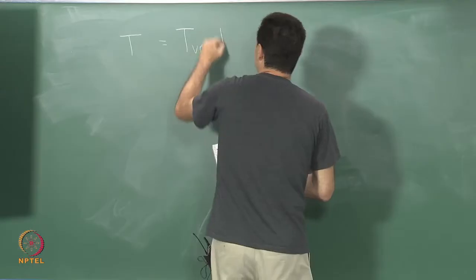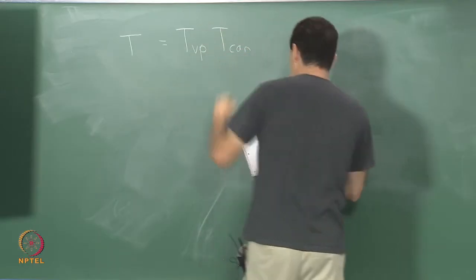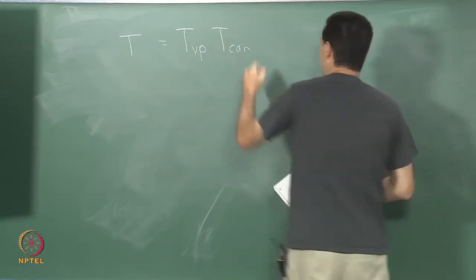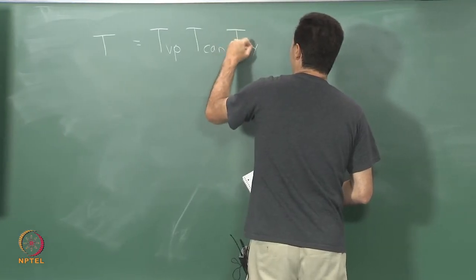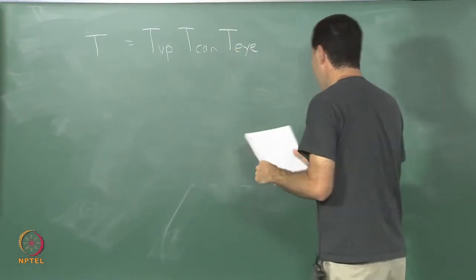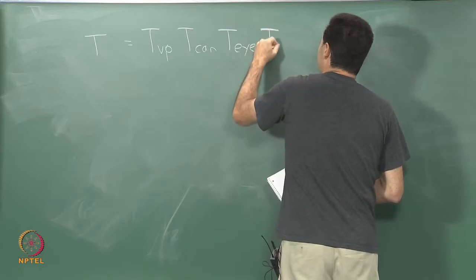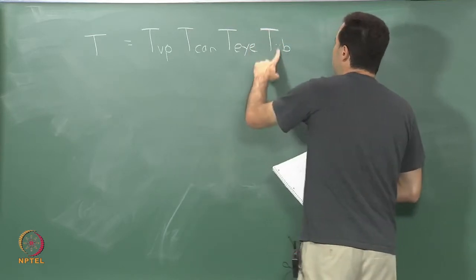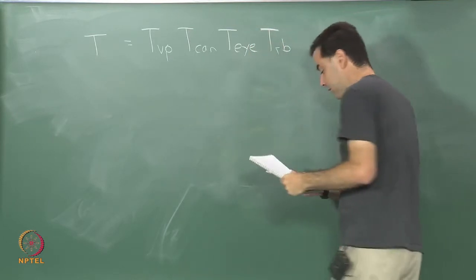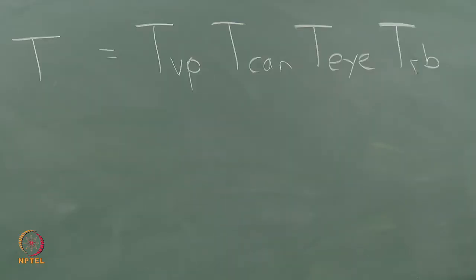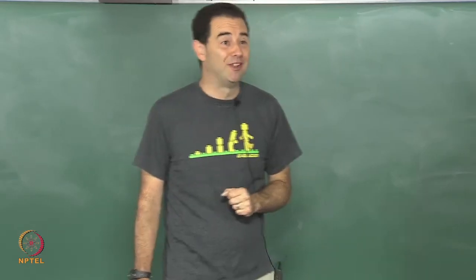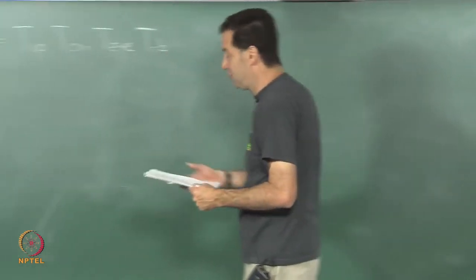The one before that was T canonical. The one before that was TI. And the one before that was TRB for rigid body, which is only applied in the case of movable bodies. Is that right? We had 5 coordinate frames that I showed you, and there were 4 transformations between them, right? So there's one less. So these are the 4 transformations.